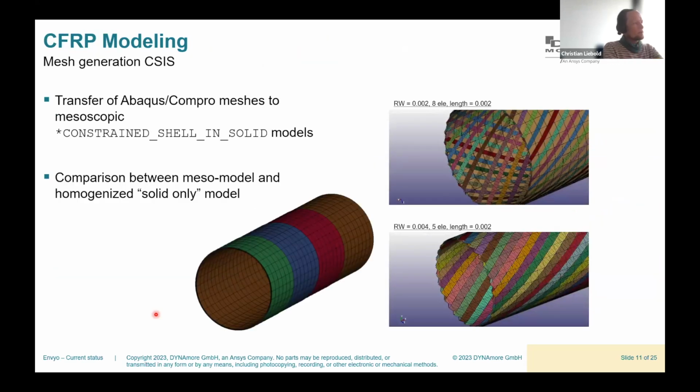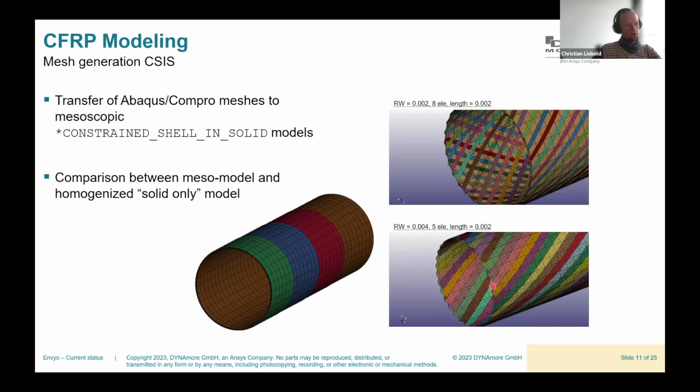With respect to continuous fibers modeling, we have been collaborating with a customer who wanted to transfer data from Abaqus Compro to mesoscopic constrained shell and solid models. So we supported him. Basically, the Abaqus model held information about solids and respective orientations of the solids, and we supported the customer generating shell elements out of these orientations, which can have a respective roving with a dedicated element length.